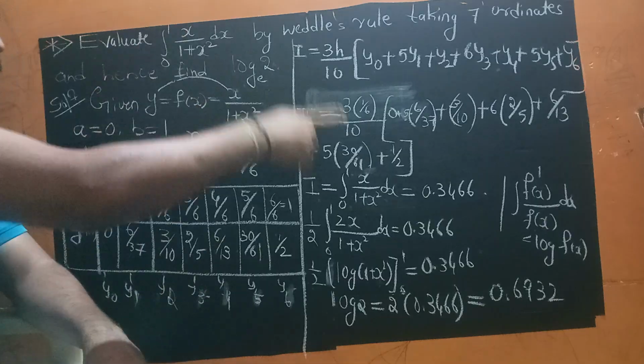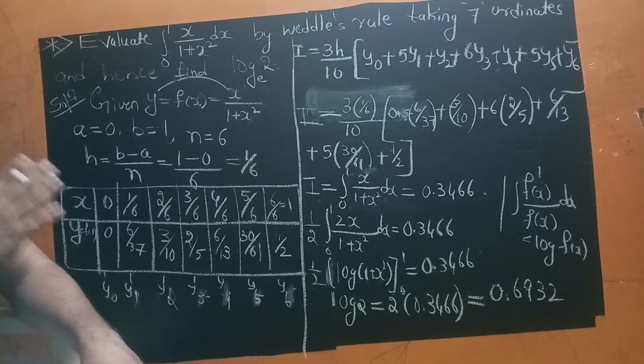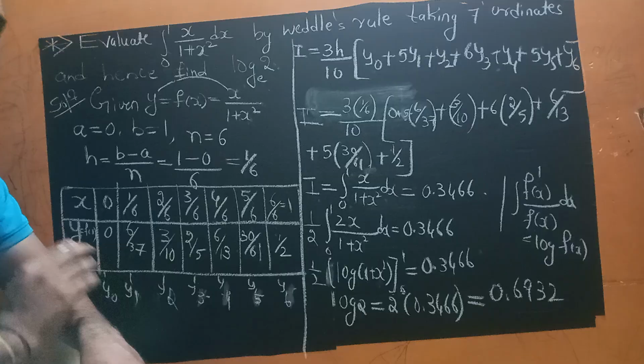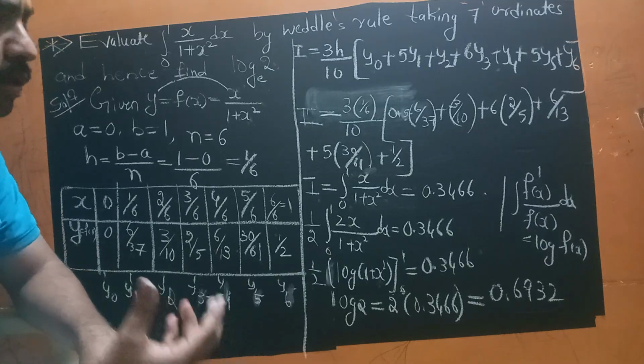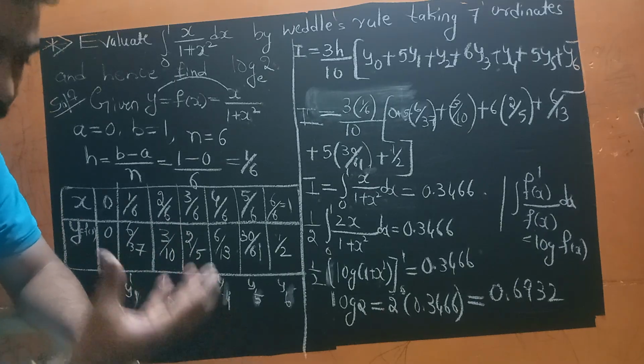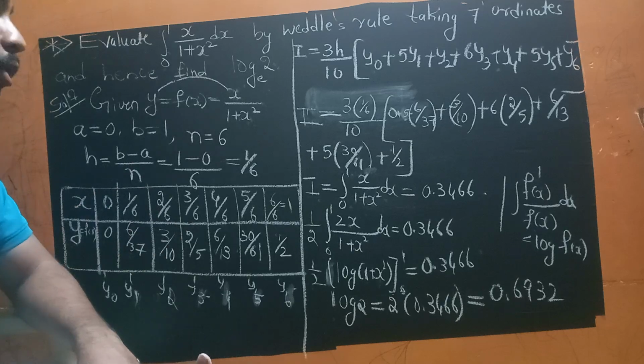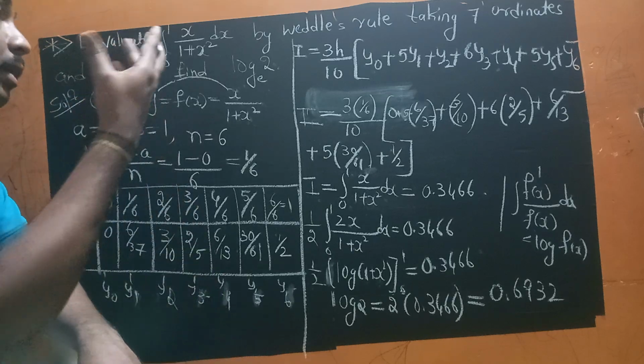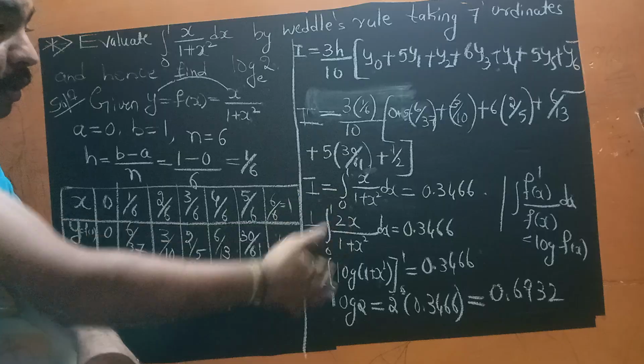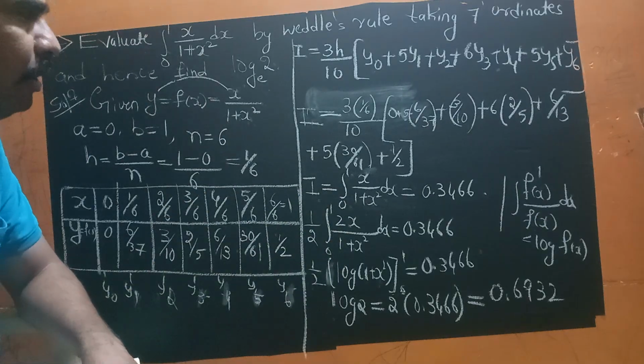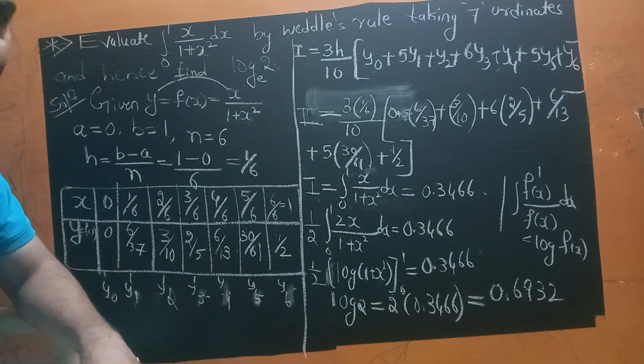This is again a very simple procedure. All the numerical techniques are very simple procedures. If we understand one proper formula, one proper problem with particular steps, then we can easily solve n number of problems.